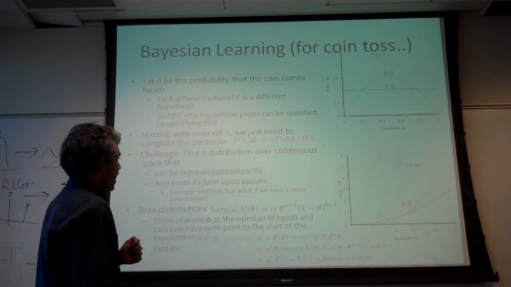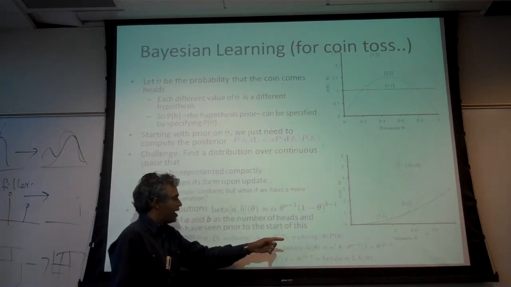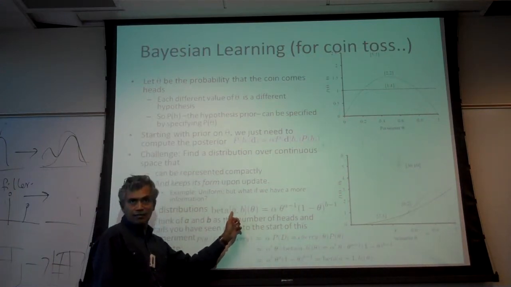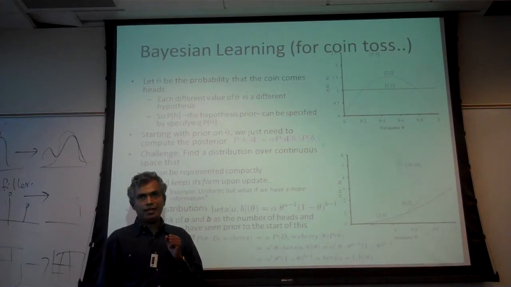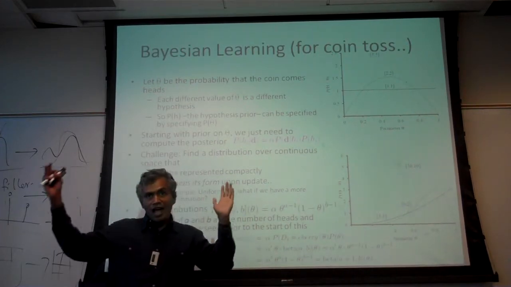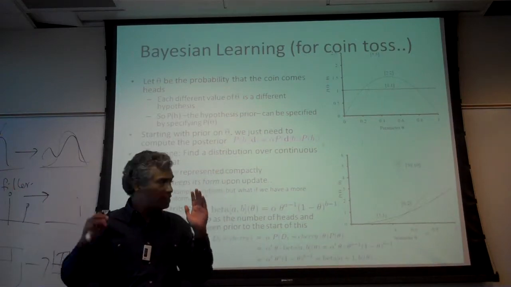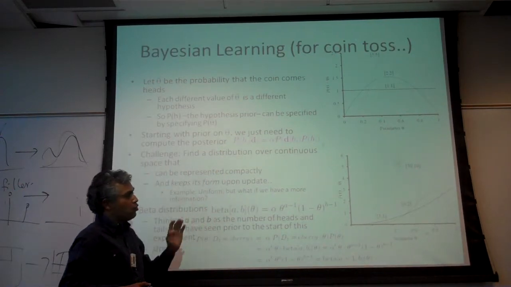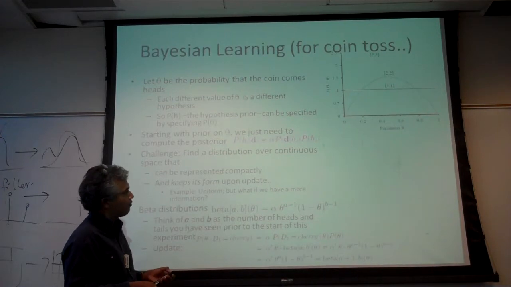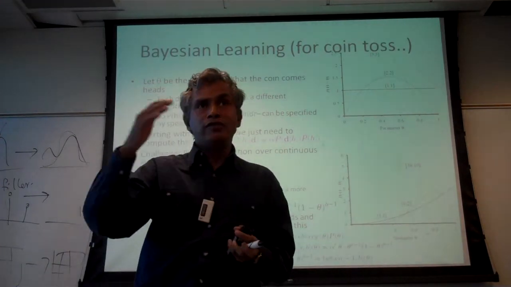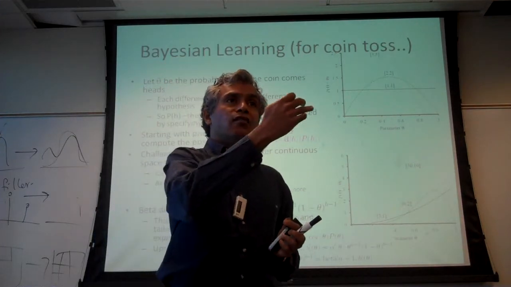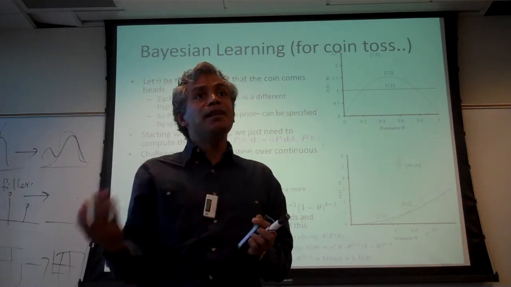And this data point, if it's one more head, adds 1 to A and leaves B alone. And clearly, if A and B are large to begin with, this addresses the problem that ML was not differentiating between 1 head out of 3 tosses and 1 million heads out of 3 million tosses.